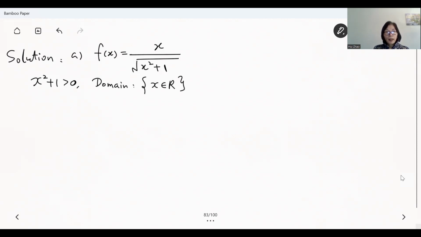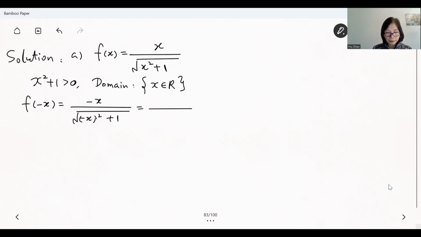Next, for the sketching, we find whether it is an odd function or an even function. Put negative x in for x. So f(negative x) equals negative x over the square root of negative x squared plus 1, which equals negative x over the square root of x squared plus 1.